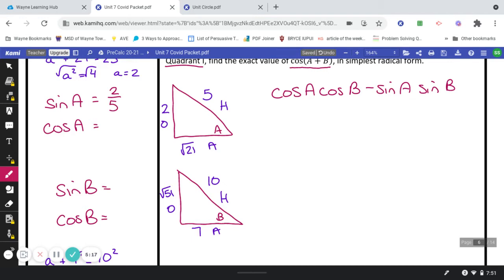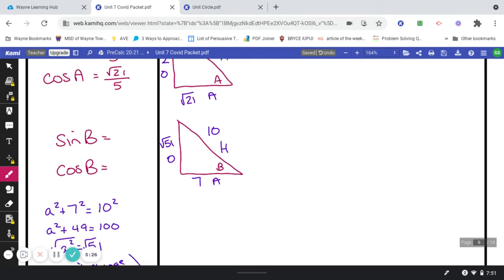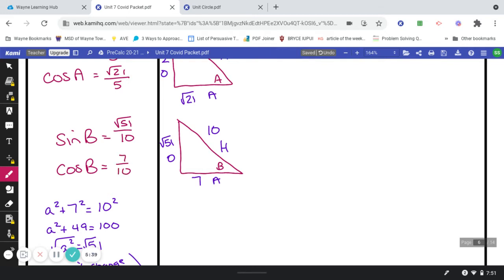Cosine of A is A over H, so the square root of 21 over 5. Now I shift my focus to the second triangle. Sine of B, O over H again, is square root of 51 over 10. And cosine of B, A over H, is 7 over 10.